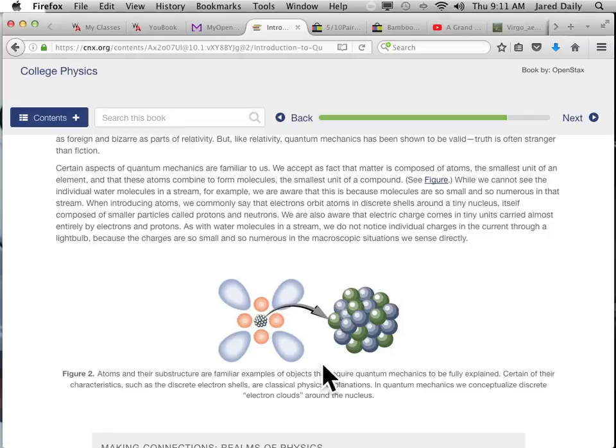Even more so, the scale of this is way off. Does anybody have any idea what the scale of an atom is compared to the scale of the nucleus? Hundreds of thousands. Well, maybe not quite that big, probably more like thousands. So if the atom was a baseball stadium, then the nucleus would be the pitcher's mound or smaller.